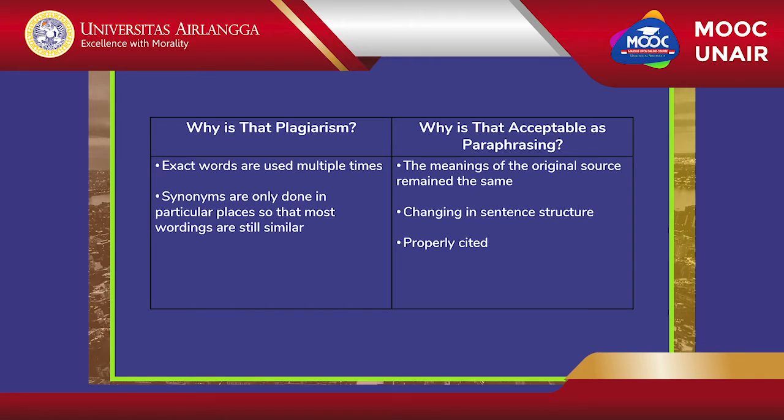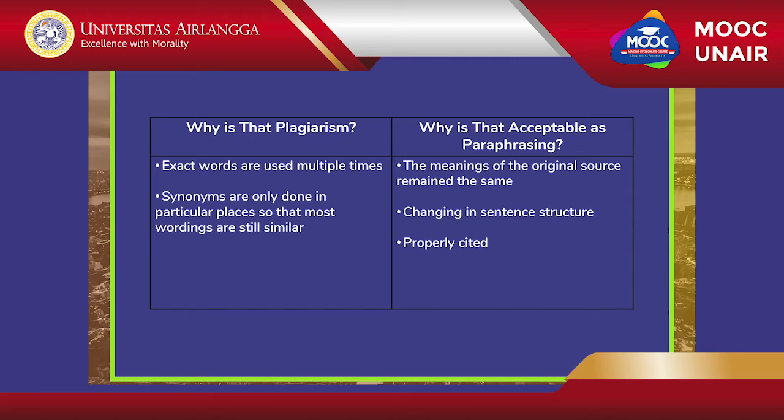First, the first text uses exactly the same words as the source text. Not only that, but it takes place multiple times. Another reason is that even though they use synonyms, they're not paraphrased enough so that the wordings are overall much too similar to the source text.